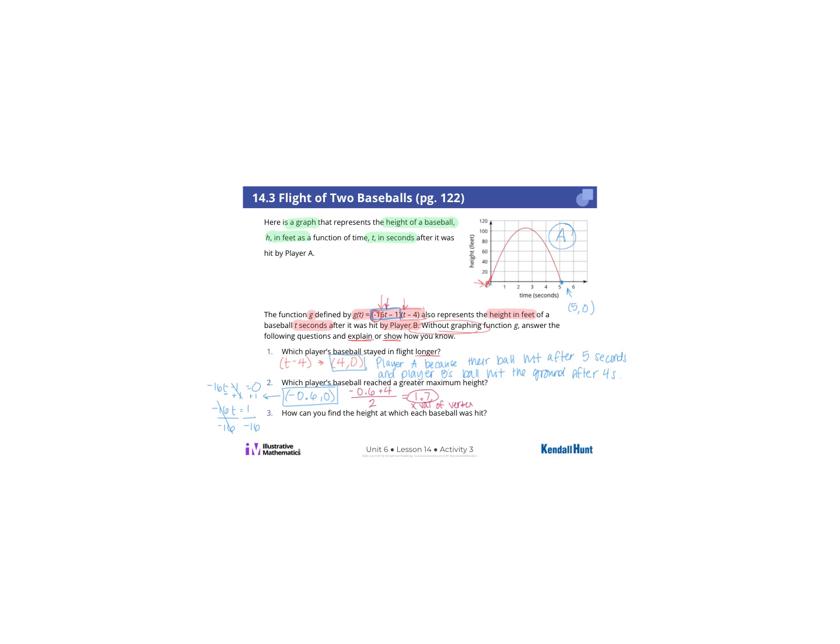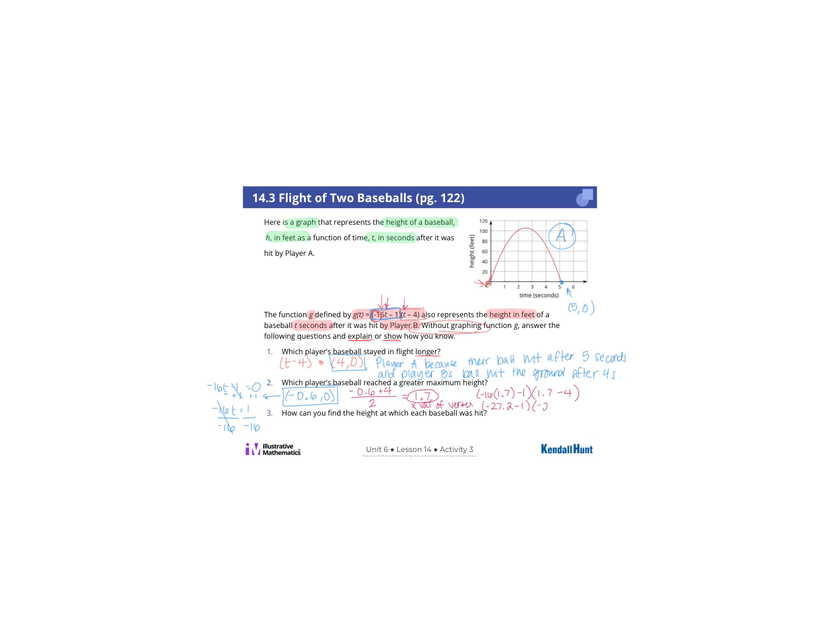So we have parenthesis negative 16 times 1.7 minus 1, and then, oops, not t, we're plugging in 1.7. 1.7 minus 4.